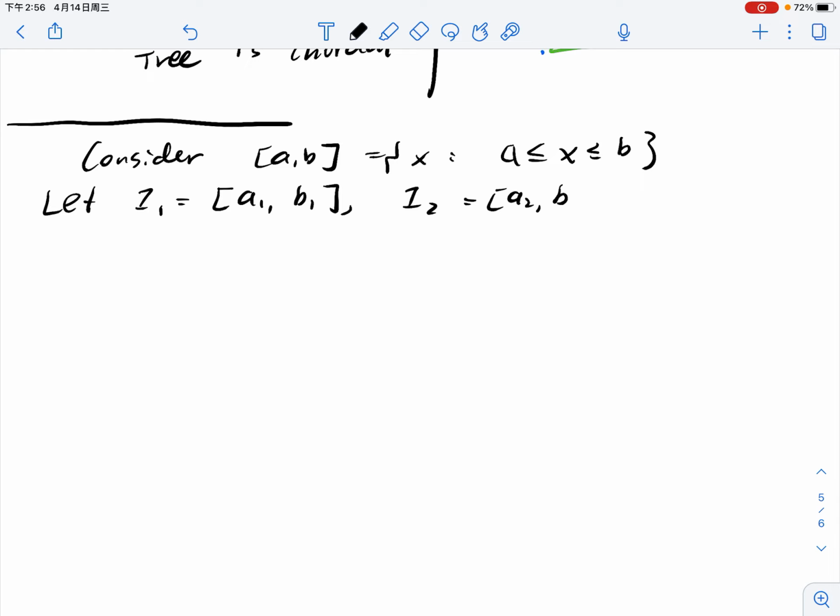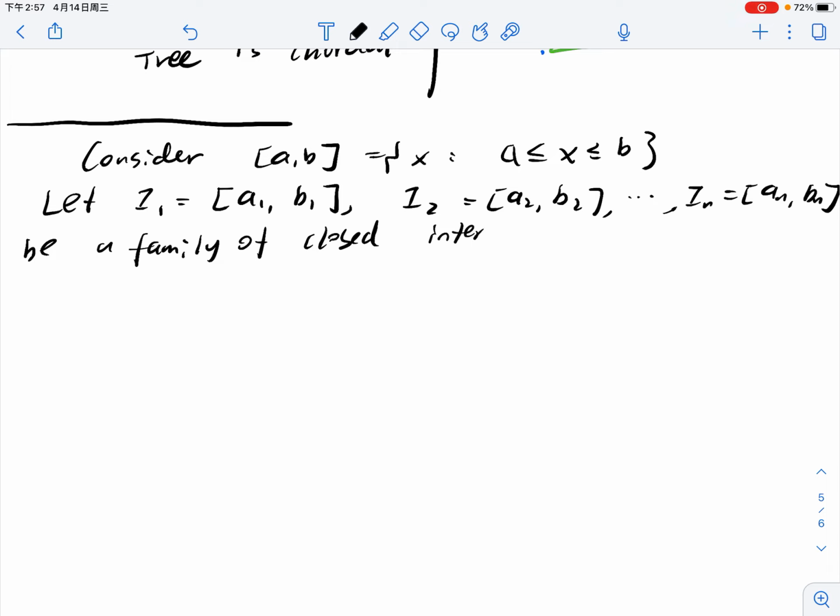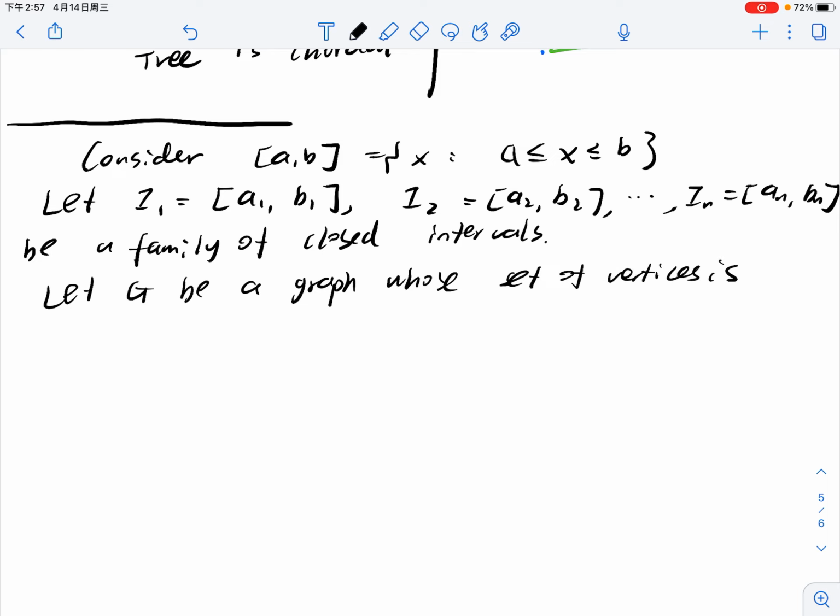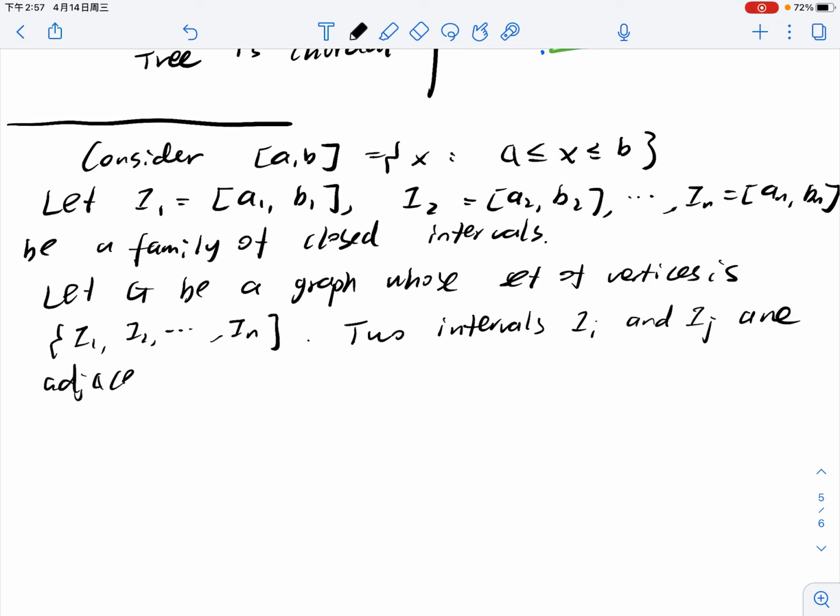Let A1 B1, A2 B2, all the way to AN BN be a family of closed intervals, and let G be a graph whose set of vertices is I1, I2 all the way to IN, and two intervals Ii and Ij are adjacent if and only if they have non-empty intersection.